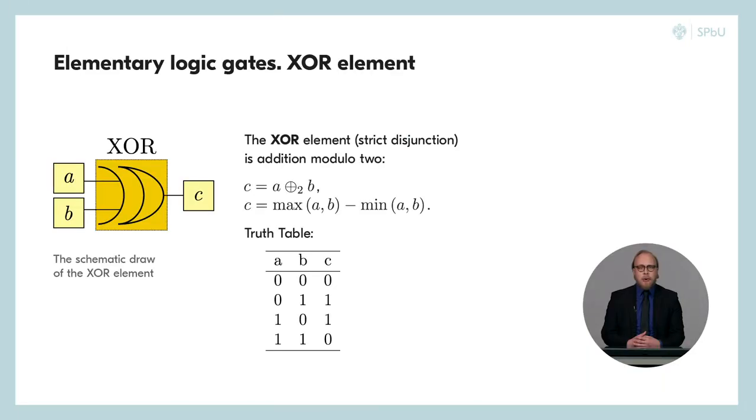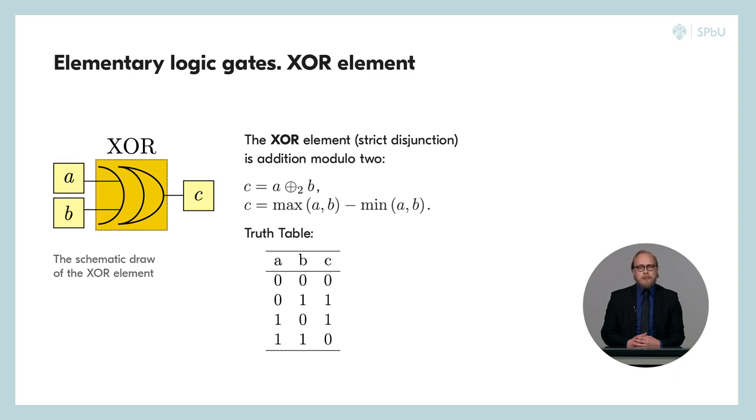Another element that we will consider is the XOR element, exclusive OR. It is schematically represented as an arc and a crescent. Like the previously considered AND and OR elements, it has 2 bits A and B at the input and 1 bit at the output.